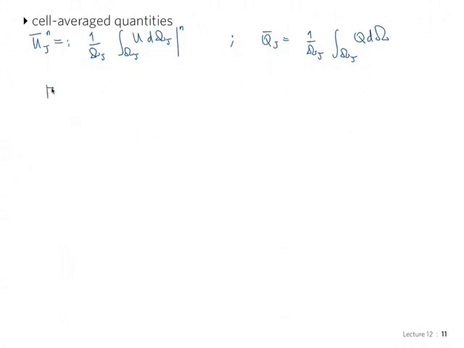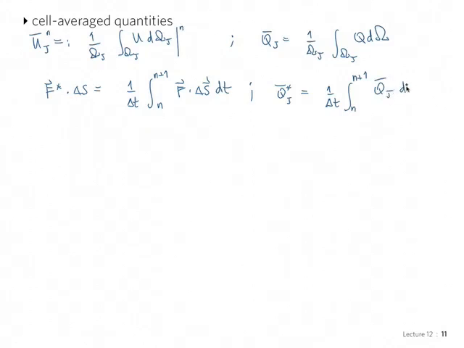F star dot delta s represents 1 over delta t, integral between n and n plus 1 of the flux, and this q bar star j is 1 over delta t, integral between n and n plus 1 of q bar j dt.